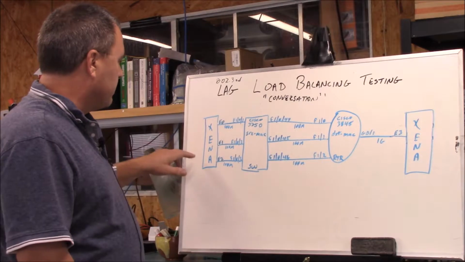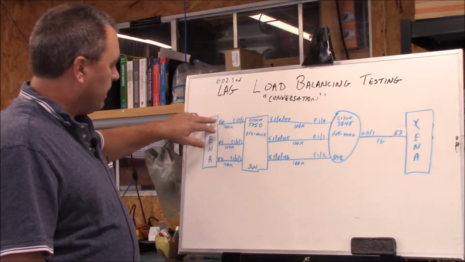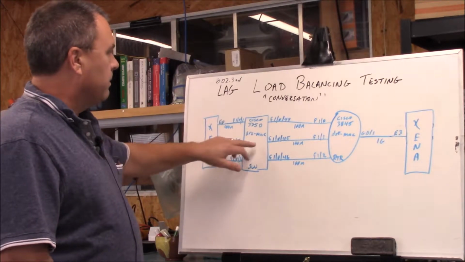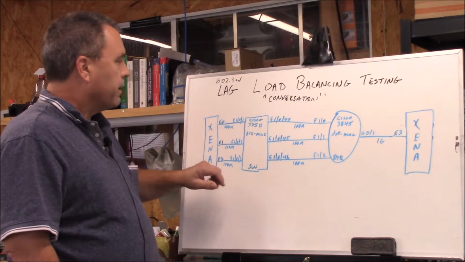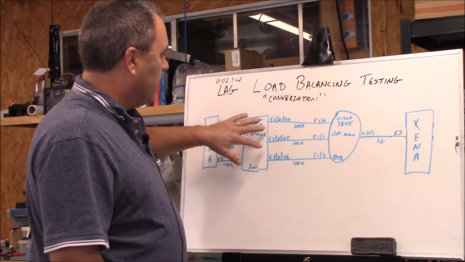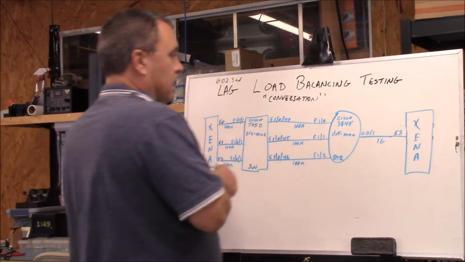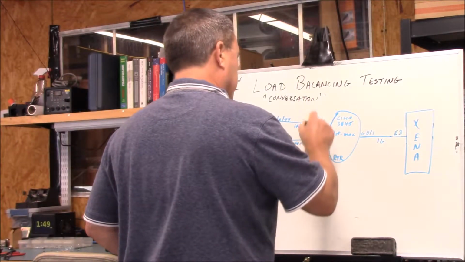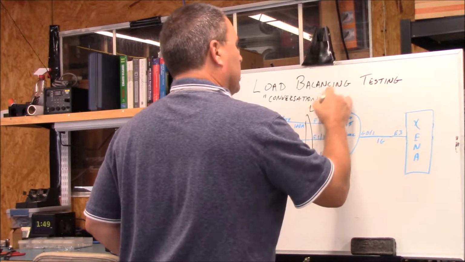Okay, here's our test bed setup, and I know you guys have kind of seen this before. This is the Xena gigabit test set. It's got 3 100 meg links going to the Cisco 3750 switch, and it's got 3 links that are bundled into a LAG. We'll call it LAG number 1.